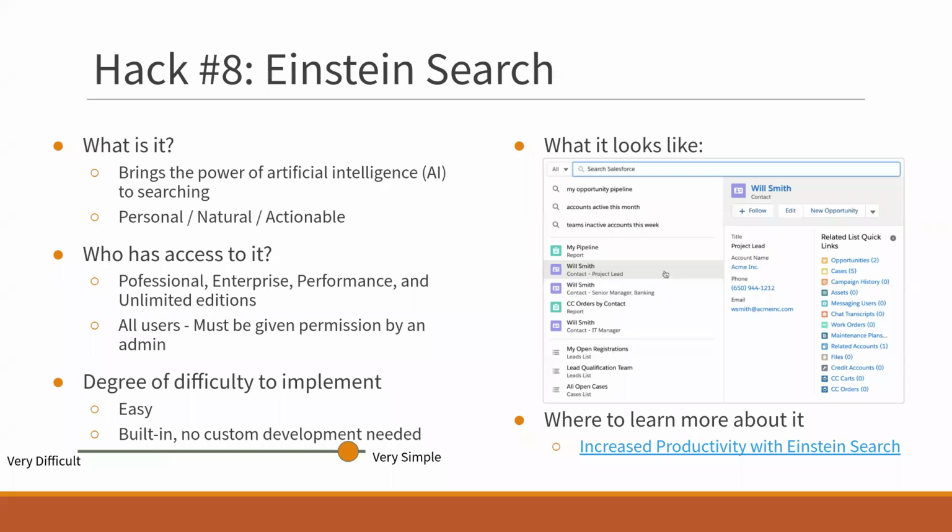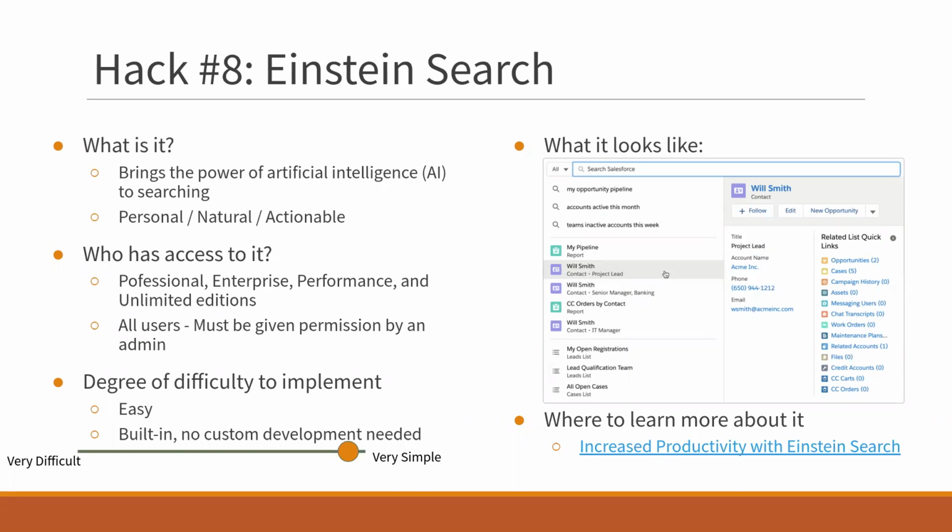And then the next really fascinating thing is, if you can see from the screenshot here, if you just start typing in Will Smith, you can move your mouse down over to the contact, and then look what's happening on the right side of this screen. I can see all of the related quick links for this contact.